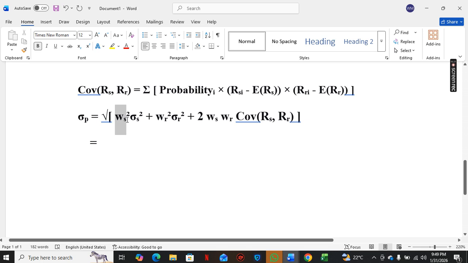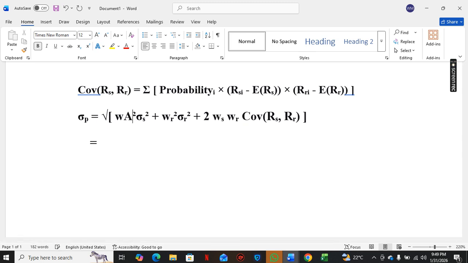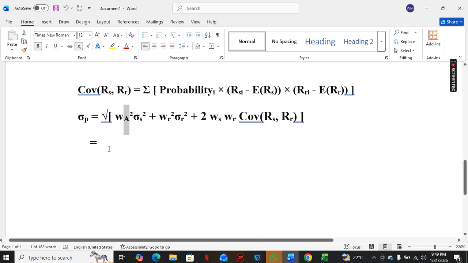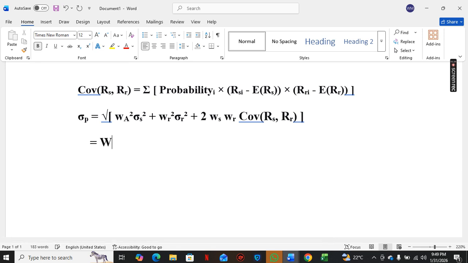This W here is the weightage, so here we are dealing with investment A and B, so I'll put here A, weightage of A multiplied by the variance.